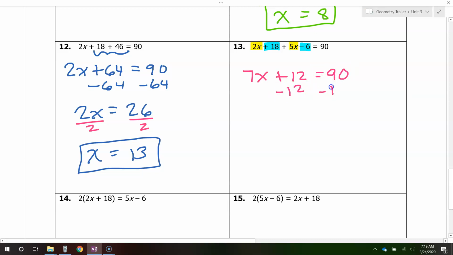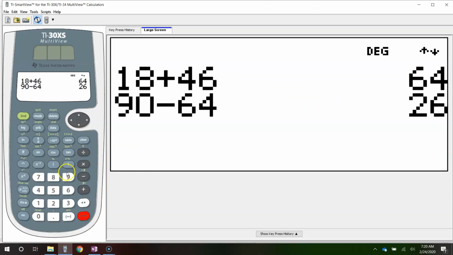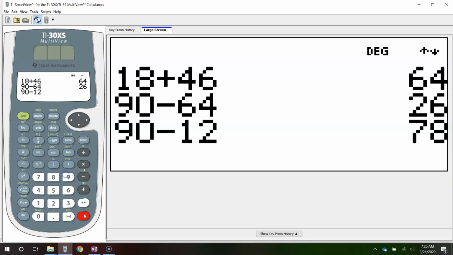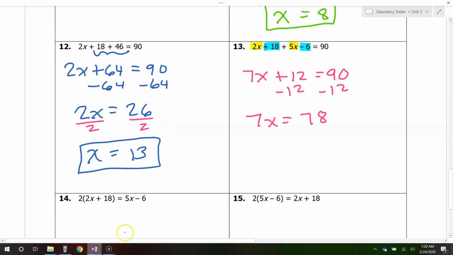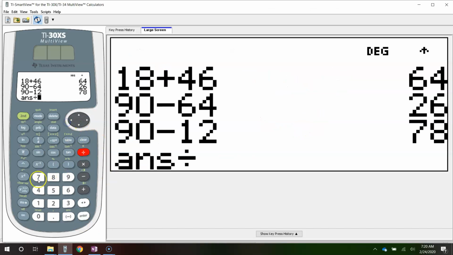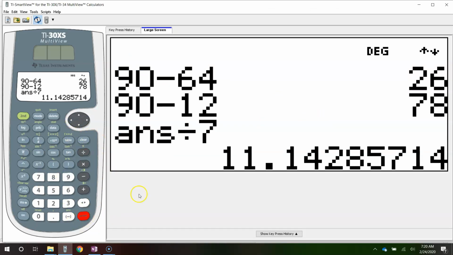Time to subtract 12 from both sides. Okay, so that's going to be 78. And then it's time to divide by 7 on both sides. Okay, so that's a decimal.